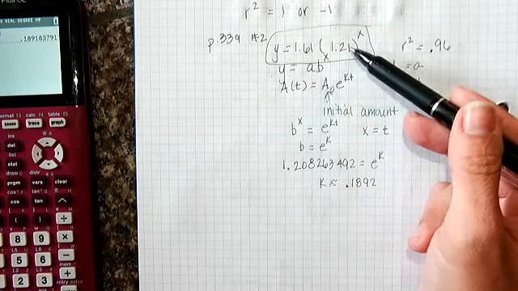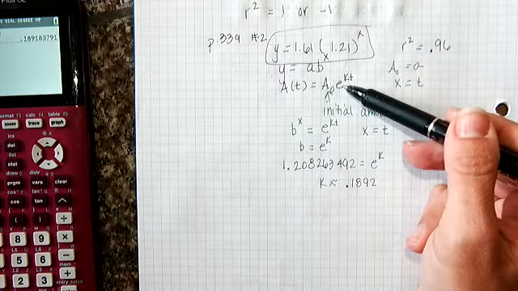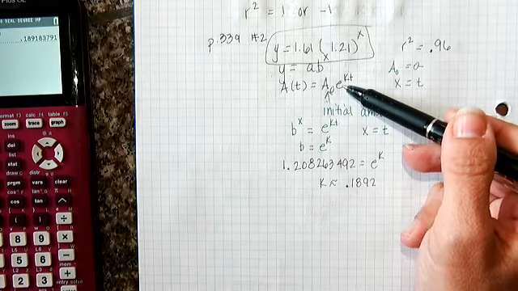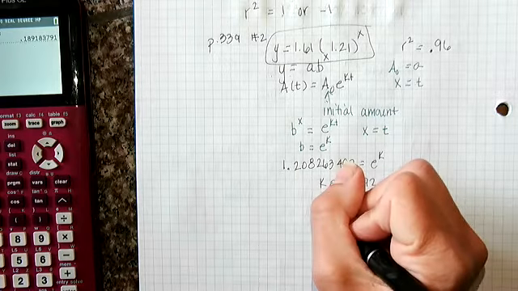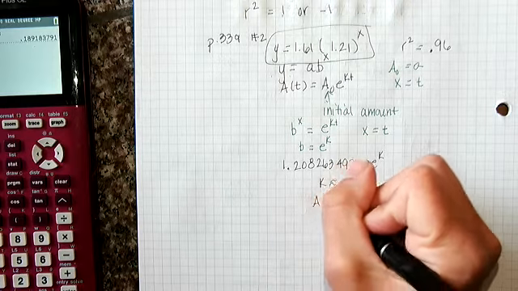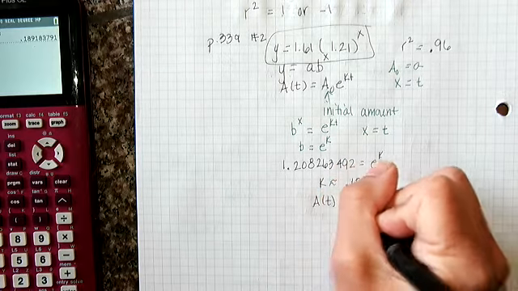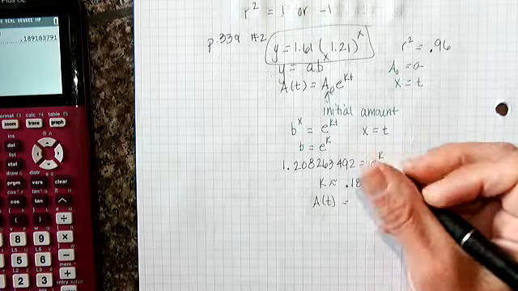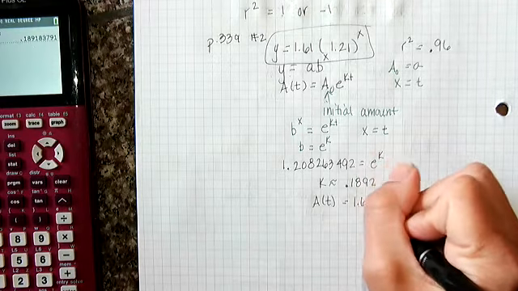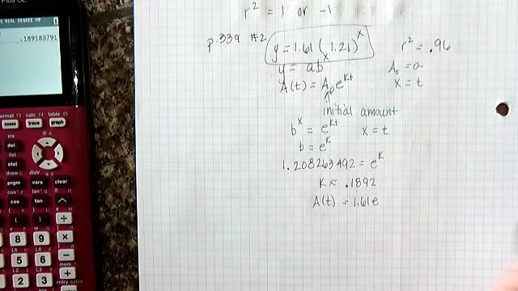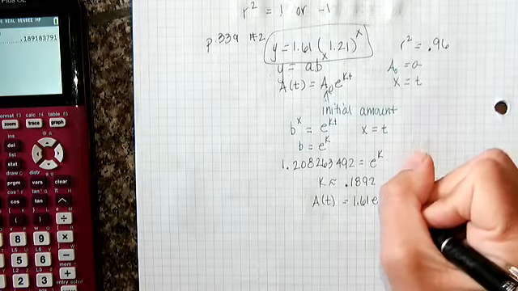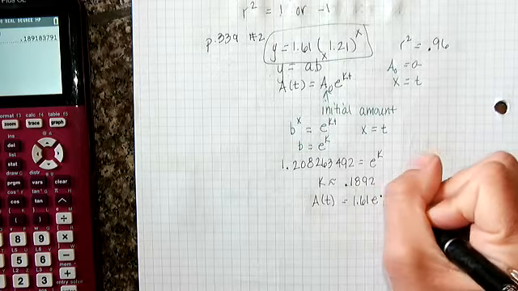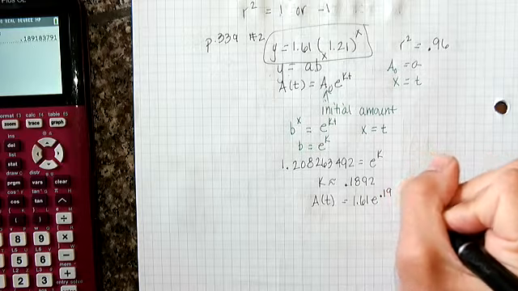I think they call it the growth model. So this is going to be A of t equals 1.61 e to the k, which we just found out was, I'm just going to say, 0.19t.